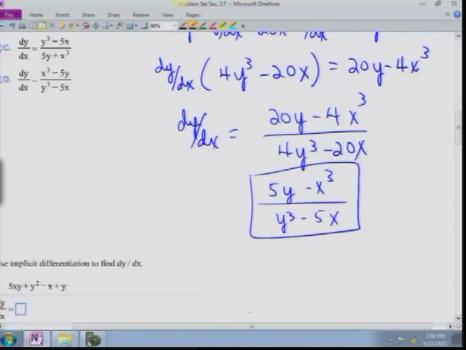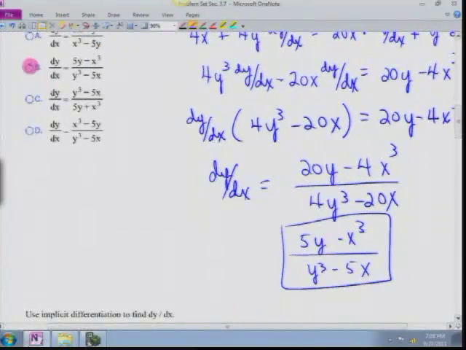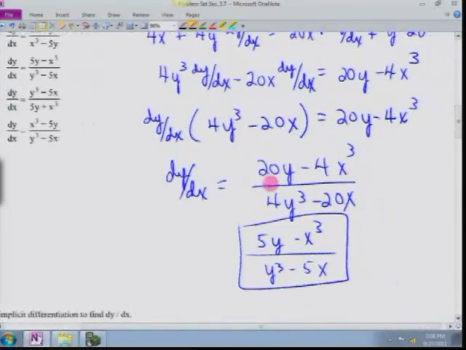And I don't know, is that B or the second one or whatever? Okay. You might have left it like that, and certainly if you left it like that on a test, it wouldn't be a killer. But if you're looking for a multiple choice, then you kind of know, oh yeah, I do need to simplify that. Okay.